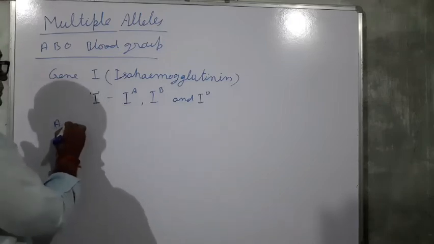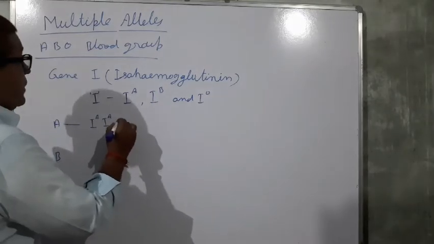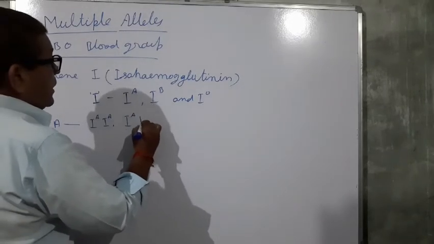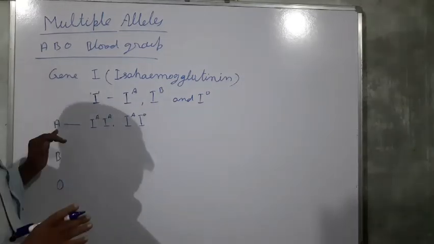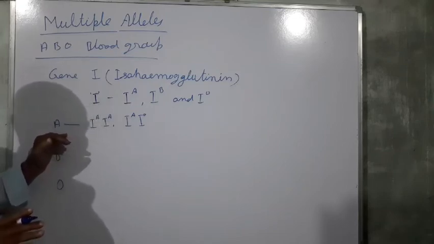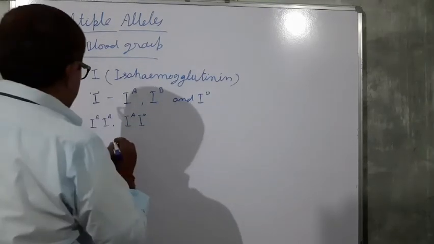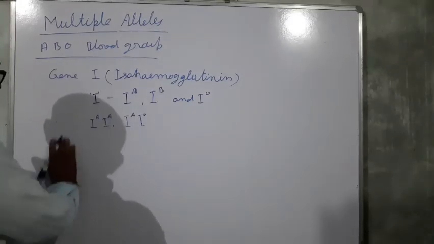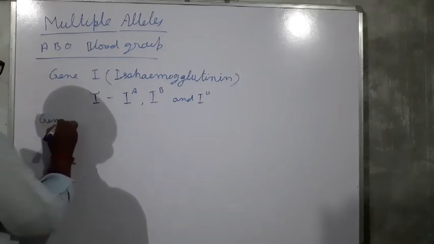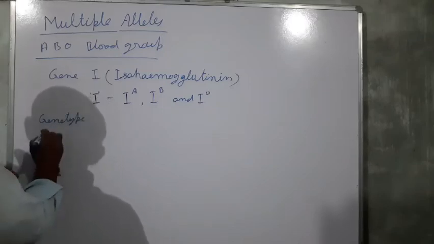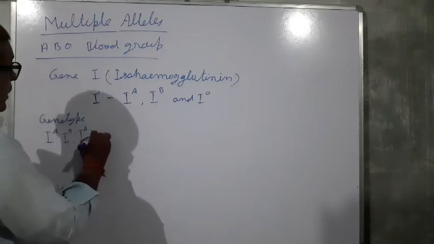The blood group A genotype is IA IA or IA IO.